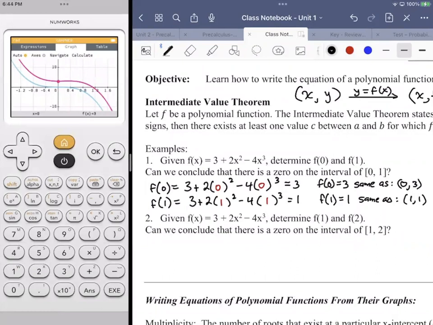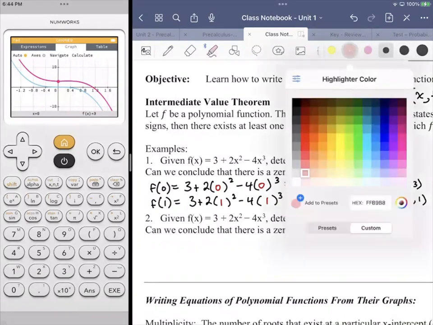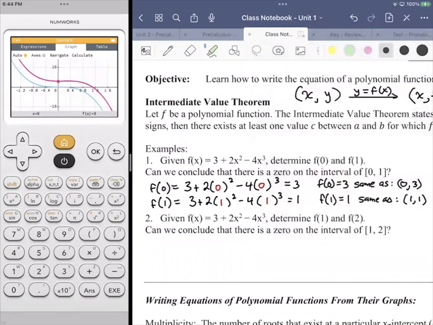Now, vocabulary, terminology, things like that, really important. So when the question asks, is there a 0 to the function? 0 is talking about x-intercept.